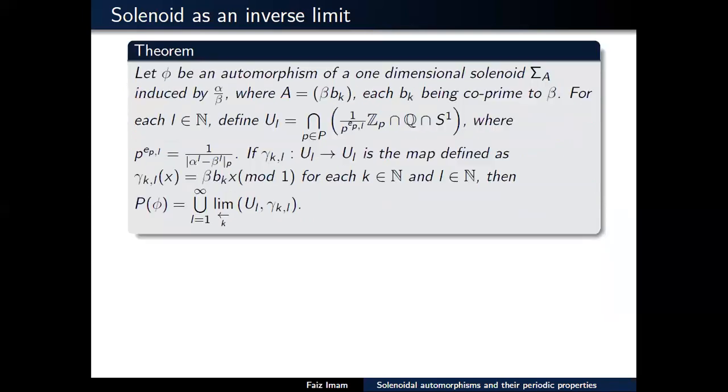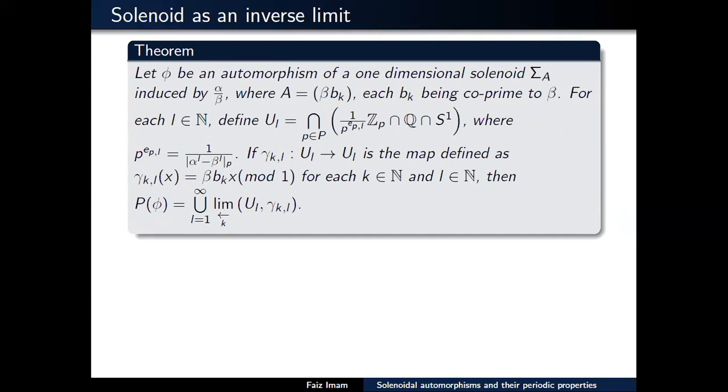Now we come to the main theorem. The main theorem is: phi is an automorphism of the one-dimensional solenoid induced by this non-zero rational number alpha by beta. So I'm just replacing the sequence AKs with beta BKs, where the condition of co-primeness is again there with beta. For each L belonging to N, I define UL.